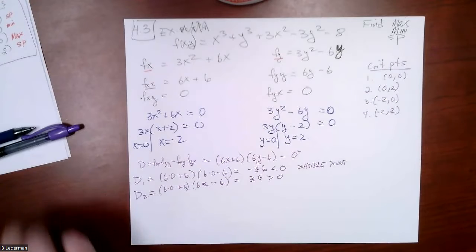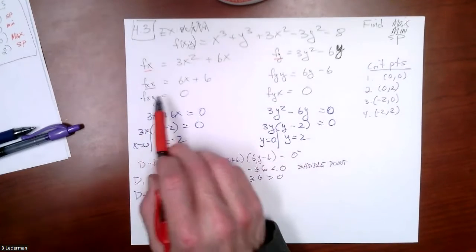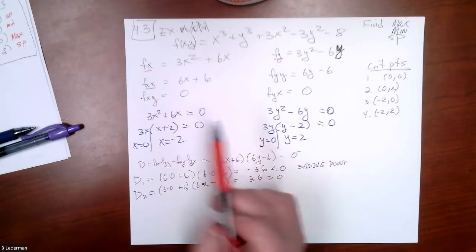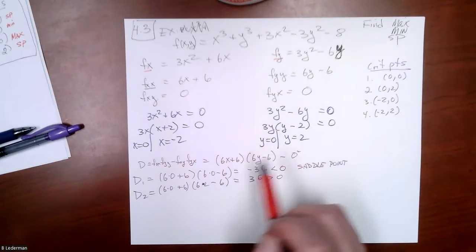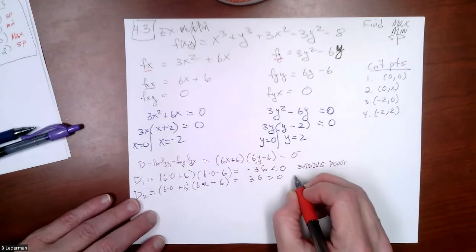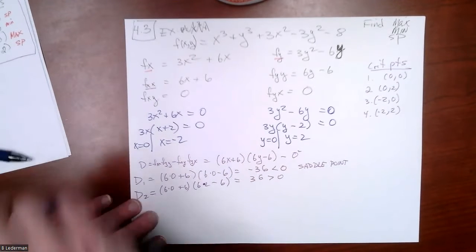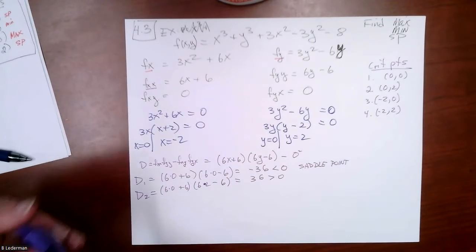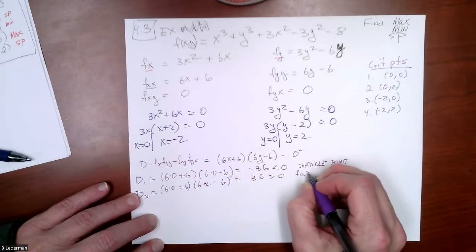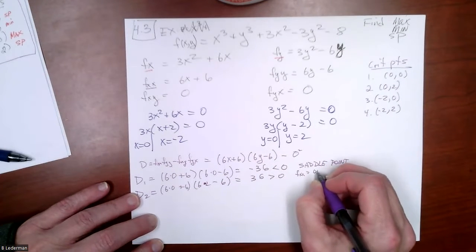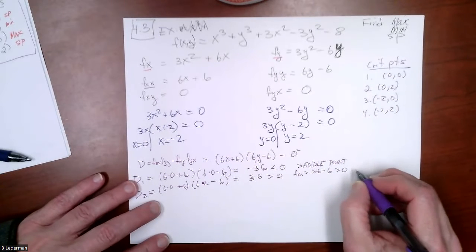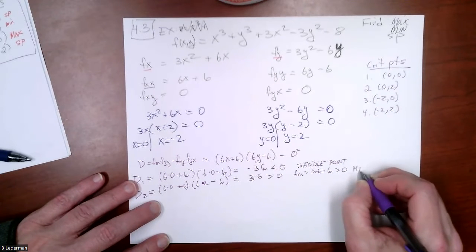If you notice, fxx in our example only has x's and no y's. So therefore, all I really have to plug in is the 0. So fxx equals 0 plus 6, which of course is equal to 6, which is greater than 0. And since it's positive, it is a min.